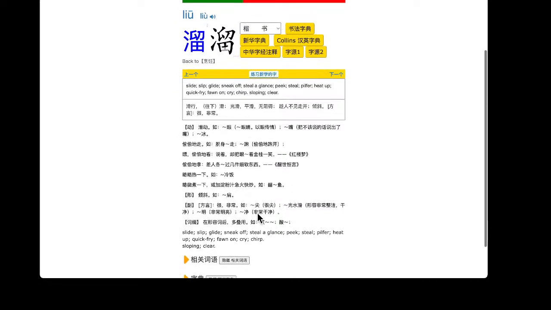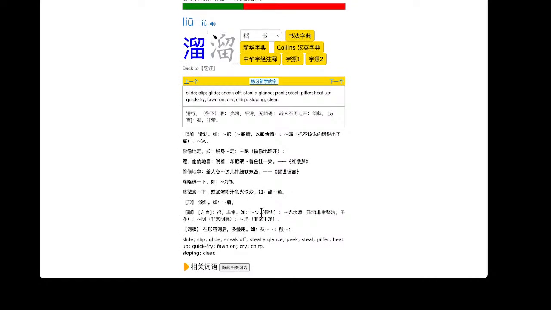And in some dialects, there's 溜光, 溜间, 溜明, 溜近, which basically means 很. Another, more common, is 很尖, 很光, but in some places they say 溜光, 溜间.